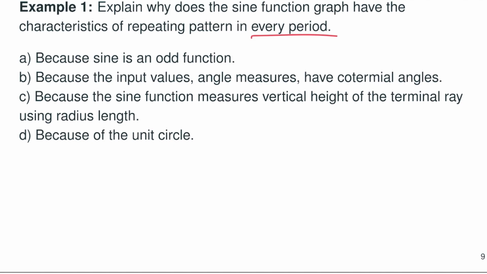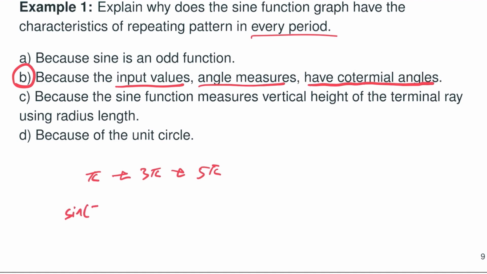The correct answer is B, because the input values, the angle measures, have coterminal angles. So pi is coterminal with 3 pi, for example, and coterminal with 5 pi. Again, we do not say these angles are the same angles. We say they're coterminal to each other. But we can say that sine pi equals sine 3 pi, for example.